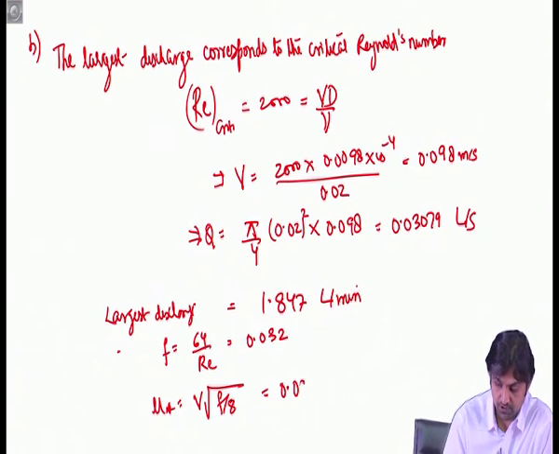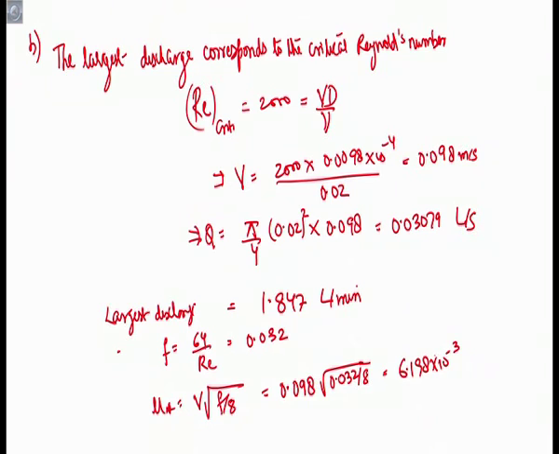V is 0.098, we have already found out, f was 0.032 divided by 8, or 6.198 into 10 to the power minus 3. Similarly, tau naught will be rho u star square, which we have calculated, and it will come out to be 0.0383 Pascal.